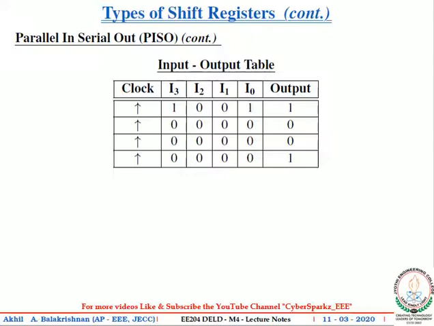If the input is non-zero, your data will be changed accordingly, or it will be different from the data inputted. So during the second and third clock pulses, the bits 0 will be obtained, and during the fourth clock pulse, the last bit 1 will be obtained as the output. This completes the working of a PISO shift register.